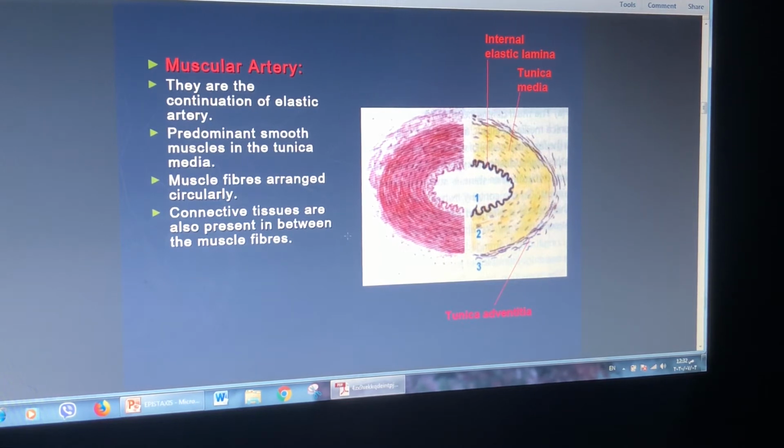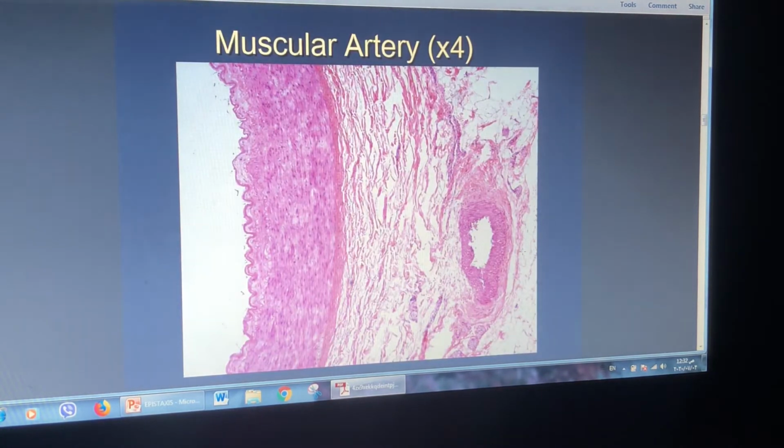Connective tissue is also present between the muscle fibers. So this is the internal elastic lamina, and this is the tunica media, and this is the tunica adventitia. This is the muscular artery, this is the tunica media, and this is the tunica adventitia.